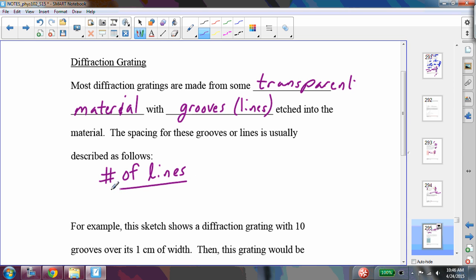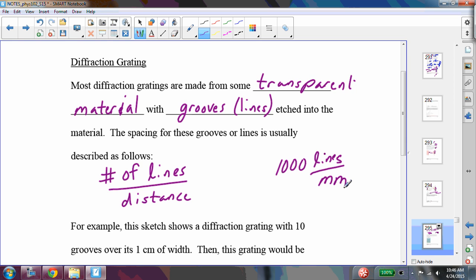For example, I have a diffraction grating right here. It's a little piece of cardboard with some plastic in the middle, like a slide you would put into a slide projector like they used to have. It says on there that I have 1,000 lines per millimeter.